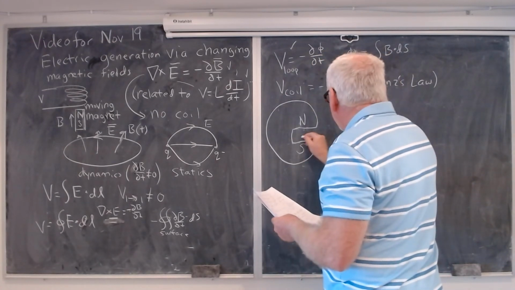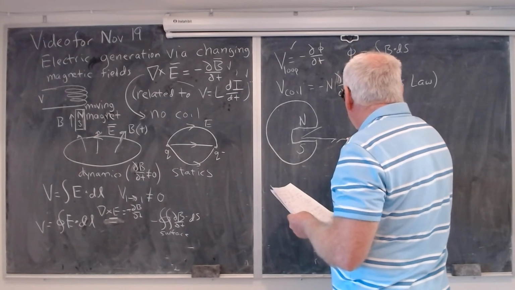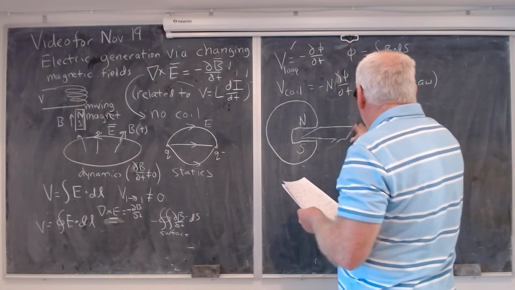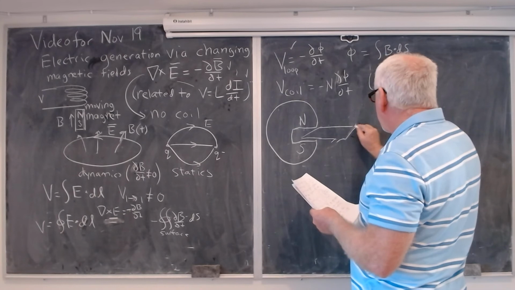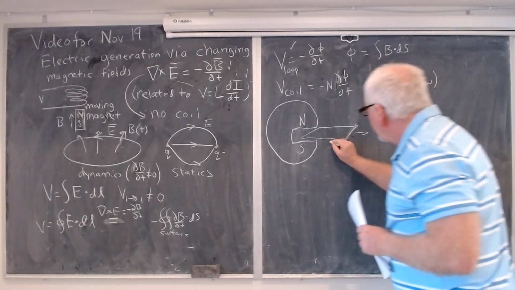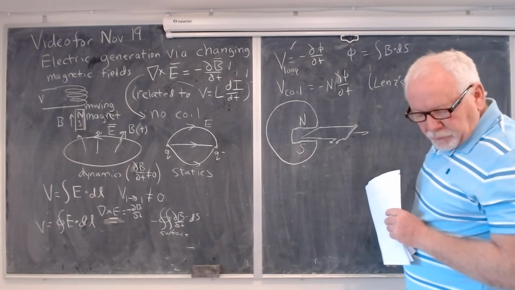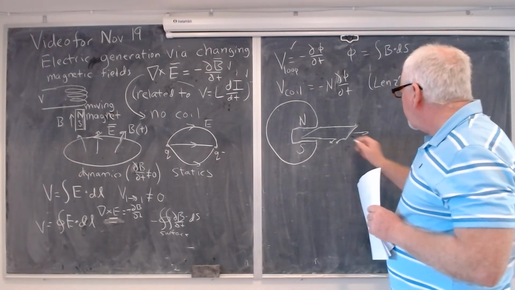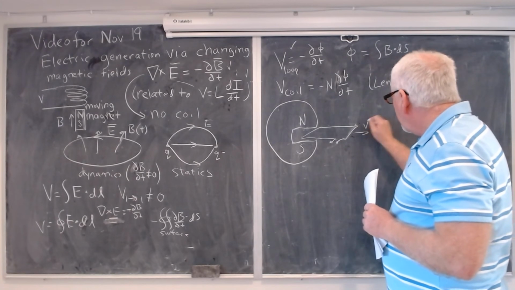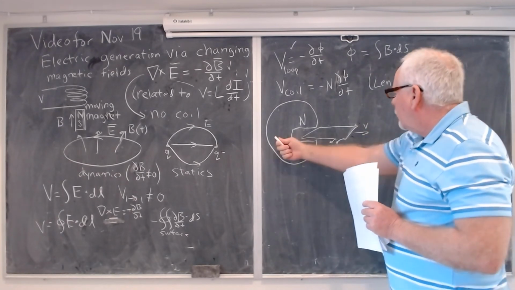And I'm going to put a coil in it. And I'm drawing this terribly. So my coil has two little terminals there for measuring the voltage, and I'm moving the coil with the velocity v, don't get confused with voltage, out of the magnet.